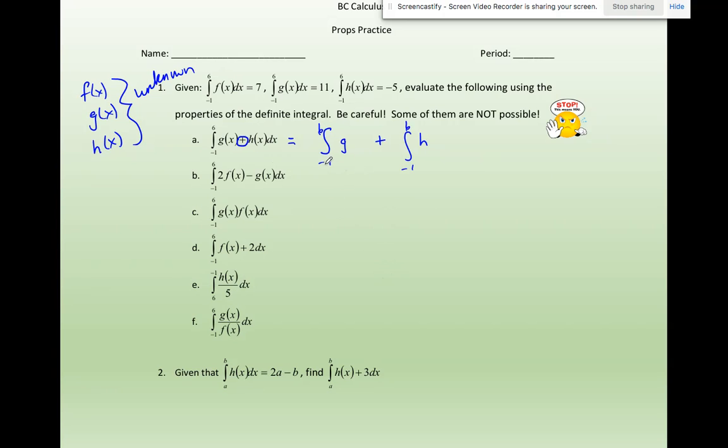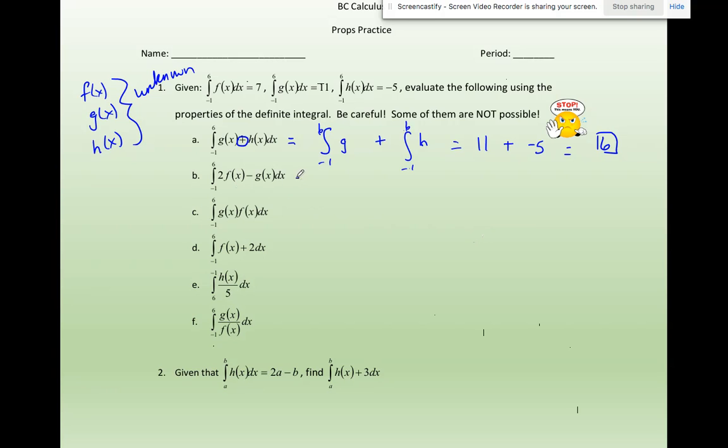What is the value of the integral going from -1 to 6 of g? What is the integral going from -1 with a heights of h from -1 to 6? Done.